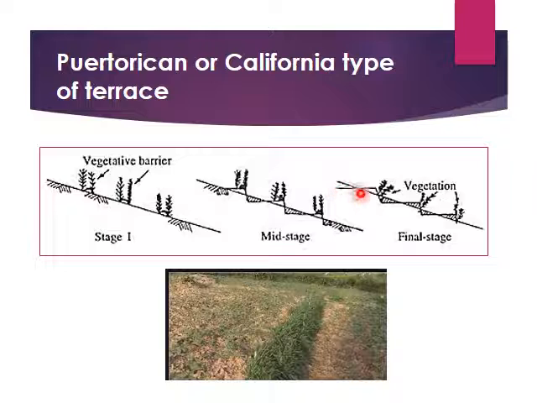After 2, 3, or maybe 4 years, near the plant there will be a heap of soil, and at the remaining places there won't be any soil, or it will become flatter. Automatically or naturally a level terrace is formed. This type of terrace is called Puerto Rican or California type terraces.